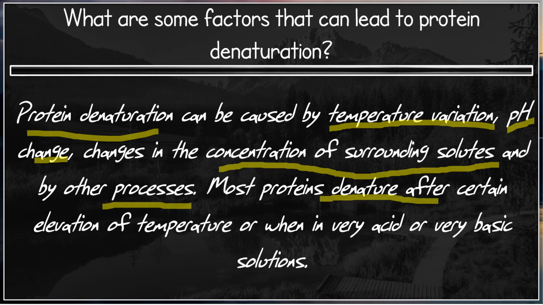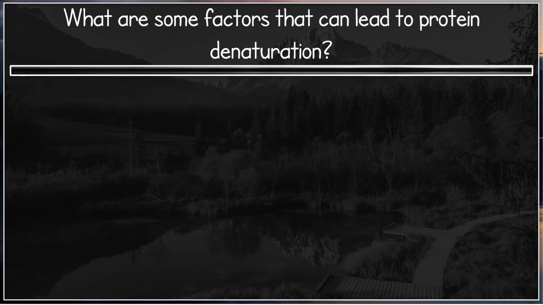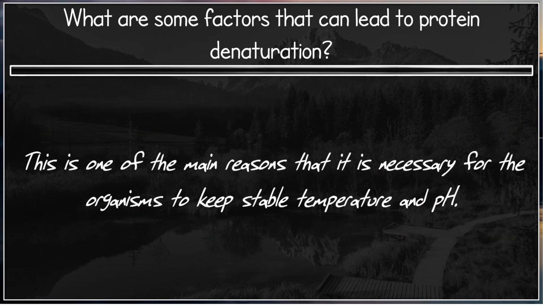Most proteins denature after a certain elevation of temperature or when in a very acidic or very basic solution. This is one of the main reasons that it is necessary for the organism to keep a stable temperature and pH.